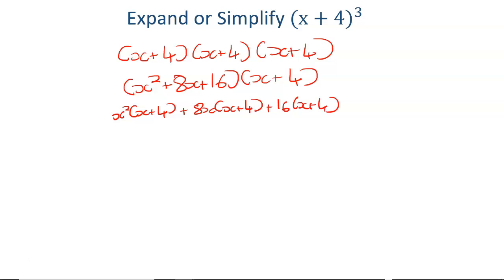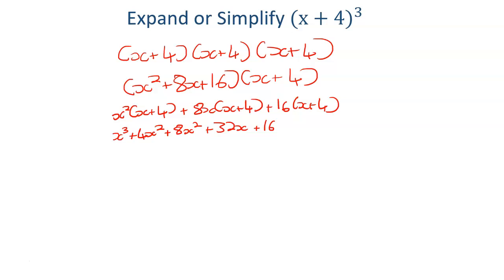X squared times x plus 4 is x squared times x, which is x cubed, and 4x squared. 8x times x plus 4 is 8x squared plus 32x, and 16 times x plus 4 is 16x plus 64. We now rearrange and combine the like terms.